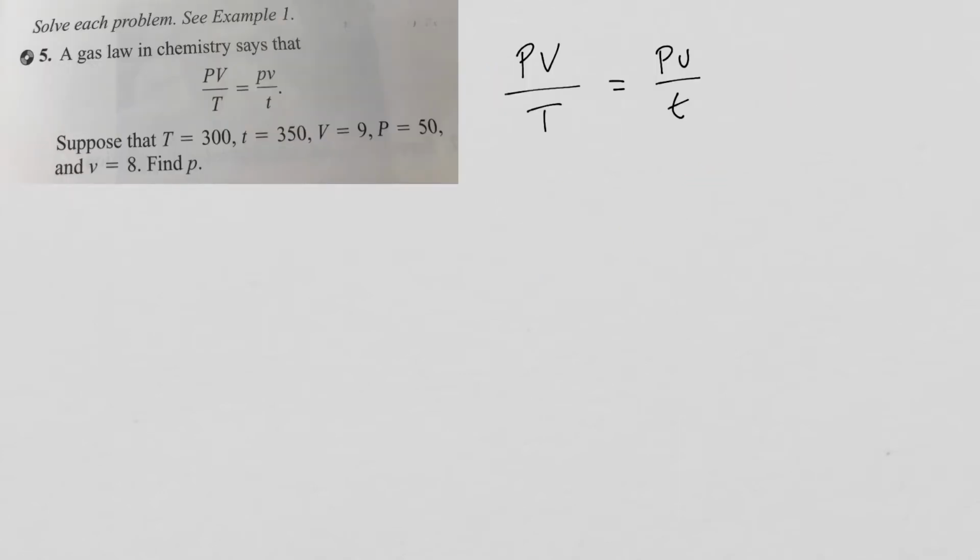Okay, this problem I'm going to solve for the variable I'm after, which is this little p here. So I'm going to clear the fractions by cross multiplying.